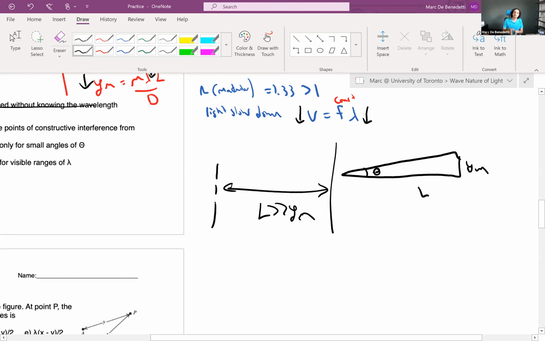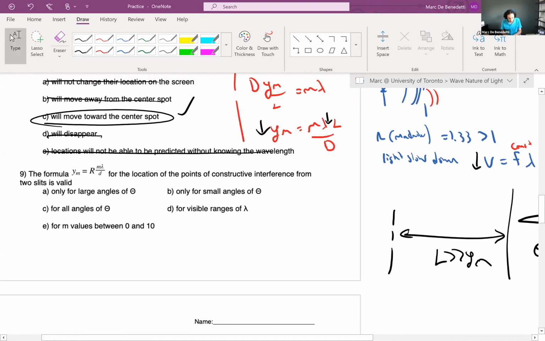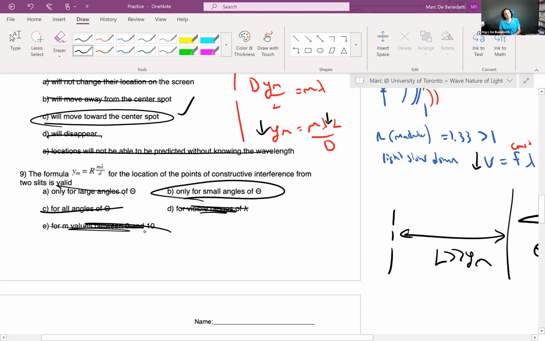The adjacent side needs to be really long and the opposite side really short because theta has to be very small. So the answer here is only for small angles of theta, not for all angles, not for large angles. It has nothing to do with lambda or m values. It has everything to do with the small angle approximation, which we also talked about in Physics 136.